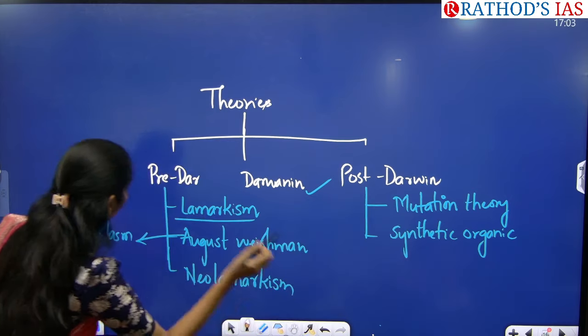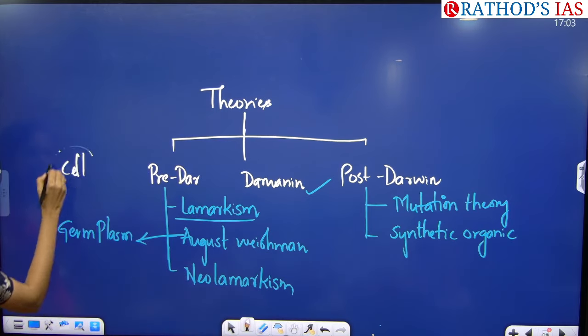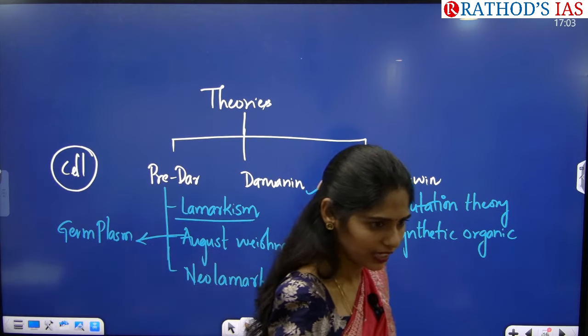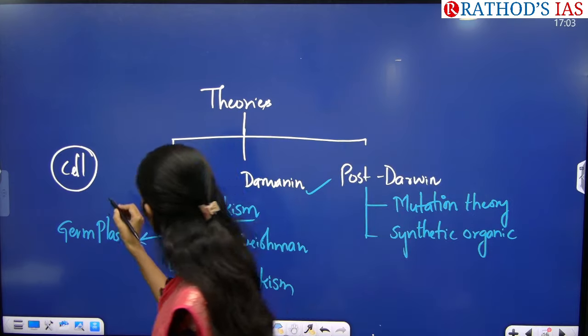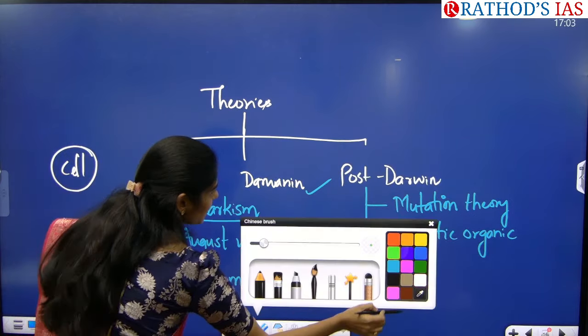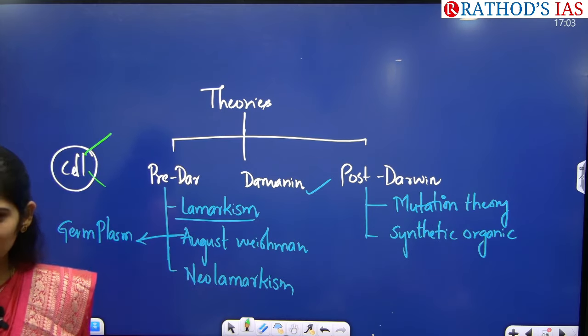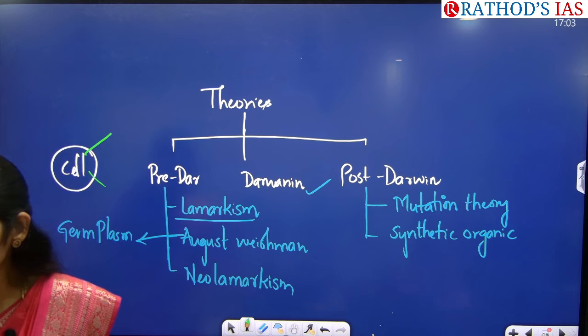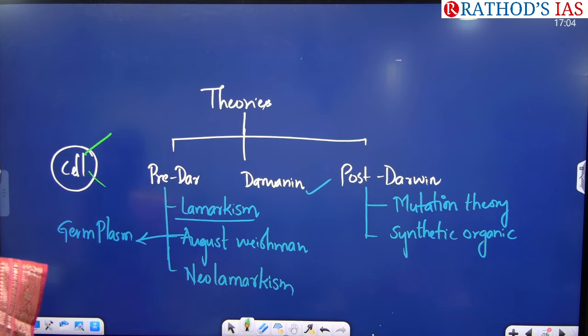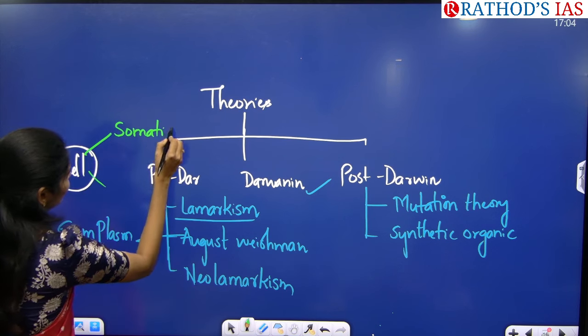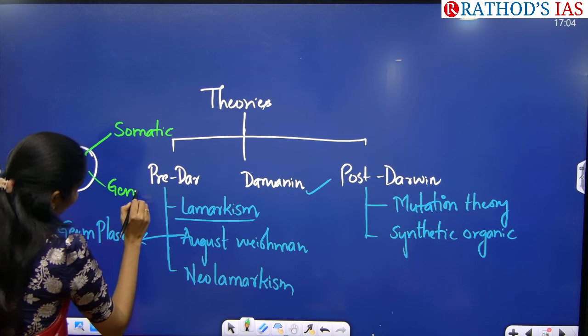It is nothing but the cell. The cell is the structural and functional unit of our body, right? In these cells, we have two types of cells. Can you tell me the types of cells? Anyone from a biology background here? At least inter? Two types, what are they? Somatic cells, and the next one is germ cells.